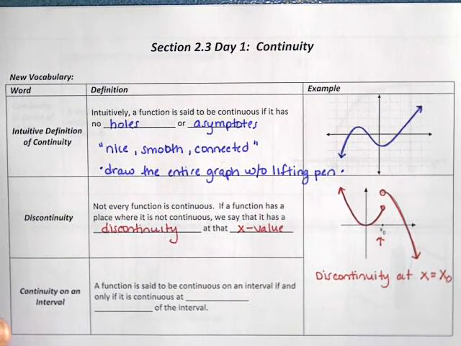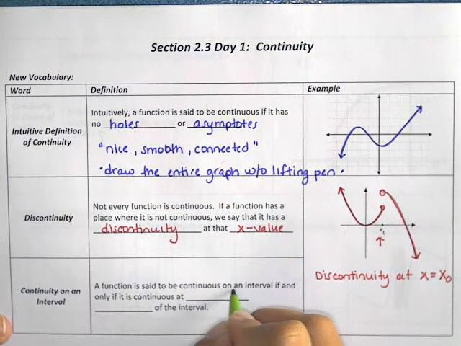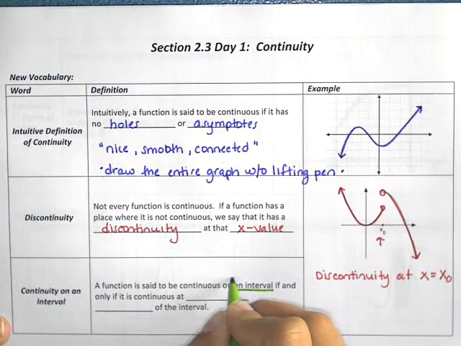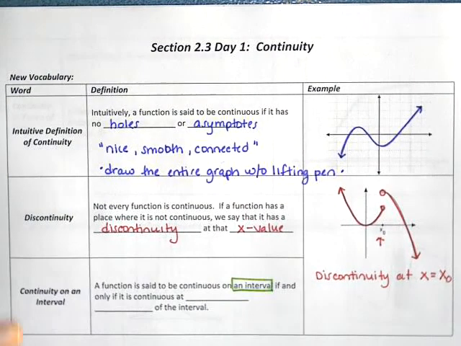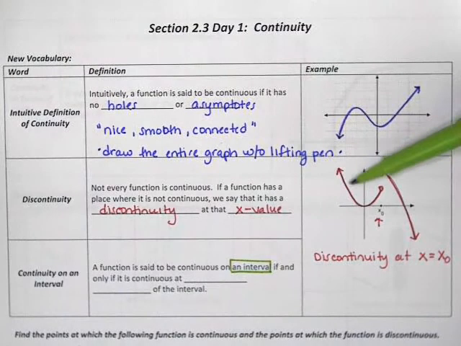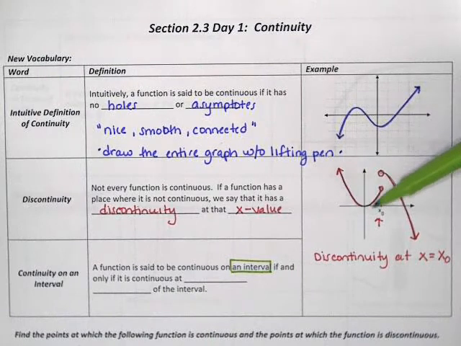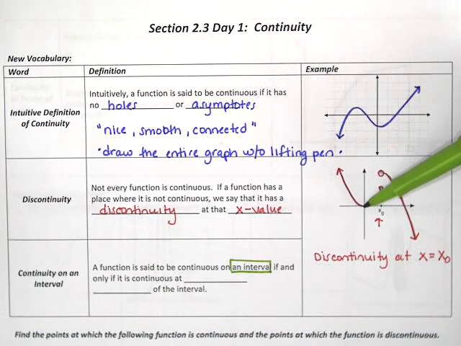So we say that the function is continuous on an interval. What that means is that we cannot just list all of the x values where we are continuous, because there's no way to list all of these numbers. You would need to have like 0, 0.00001, 0.00002, 0.0003, and then there would be even more numbers because you'd have to add more zeros.